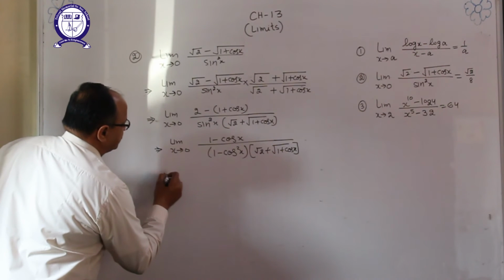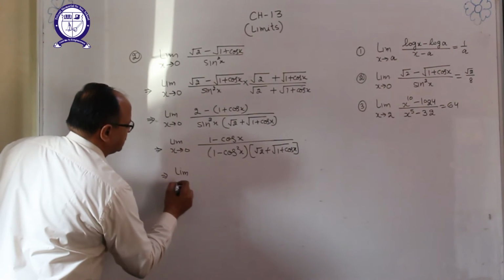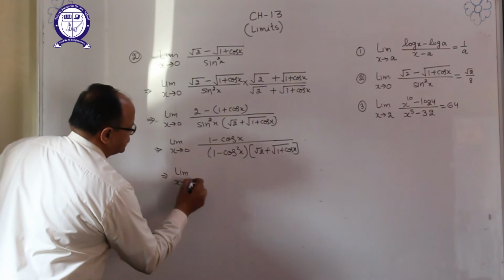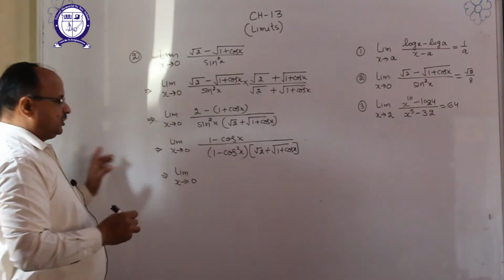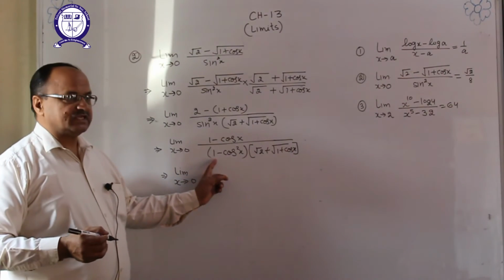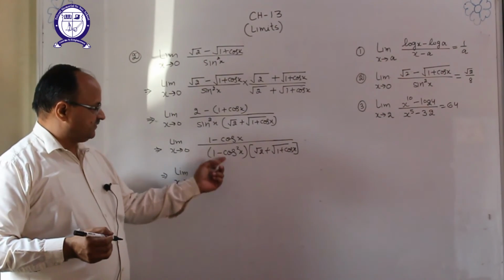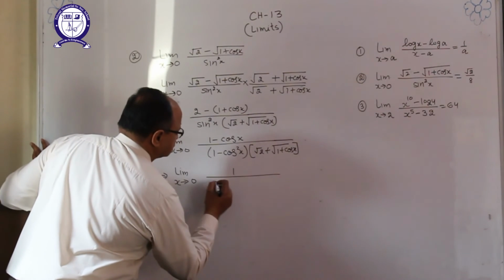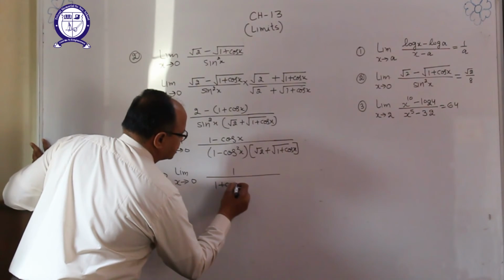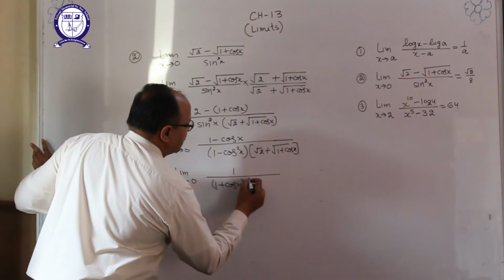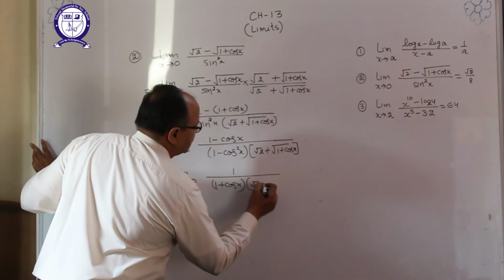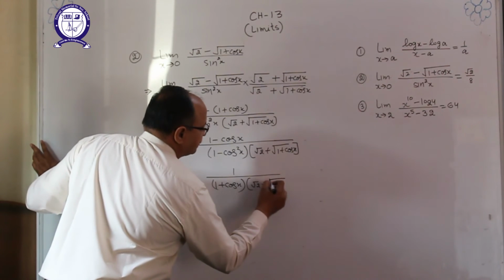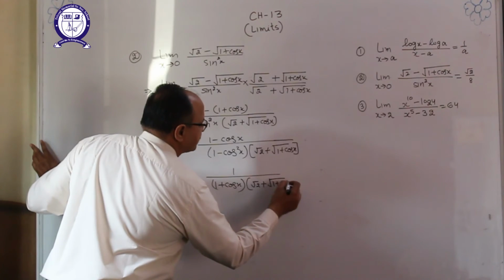Further simplify, limit x approaches 0. You know very well this is a square minus b square. When you simplify, then this term will be cancelled. Therefore 1 upon (1 plus cos x) into (root 2 plus root of (1 plus cos x)).